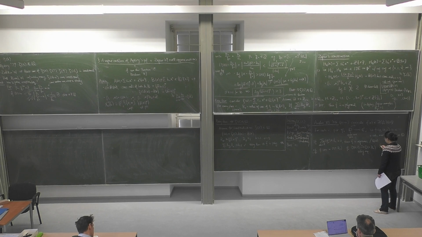And then in this case, the derivative of phi_v at 0, its v-adic norm, is exactly equal to R_v.